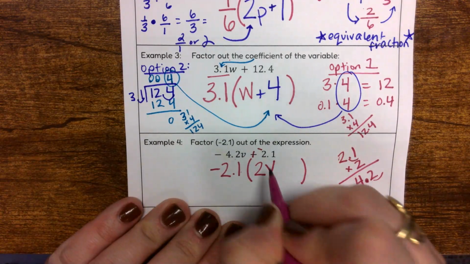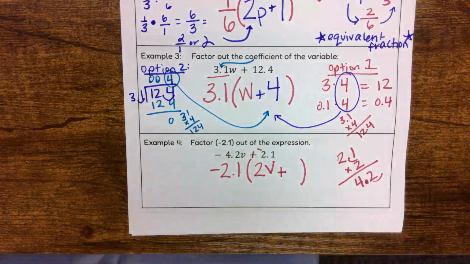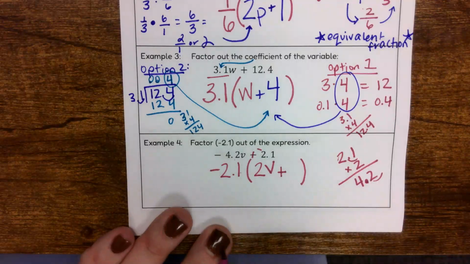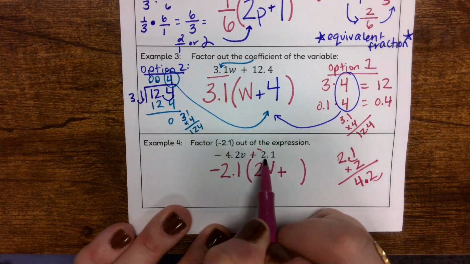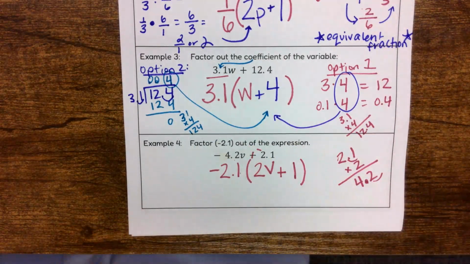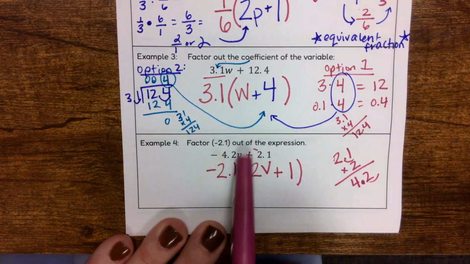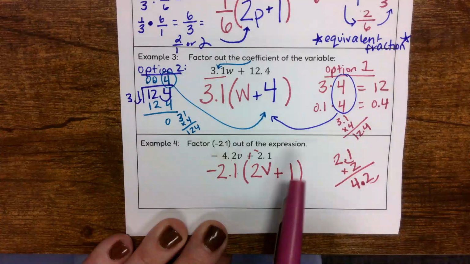So this is really plus and then negative 2.1. So if we're factoring out negative 2.1, negative 2.1 times what equals negative 2.1? 1. So what our answer would be is negative 2.1 times 2v plus 1.